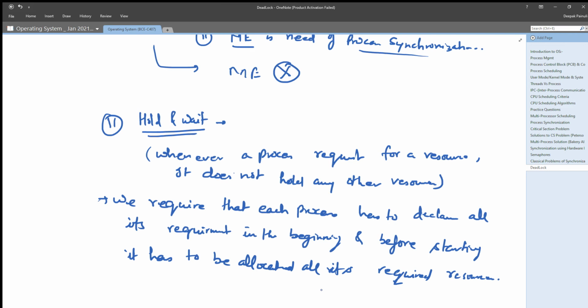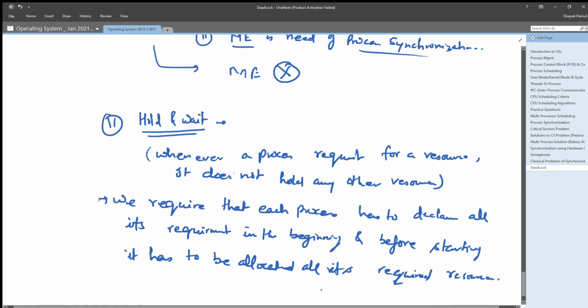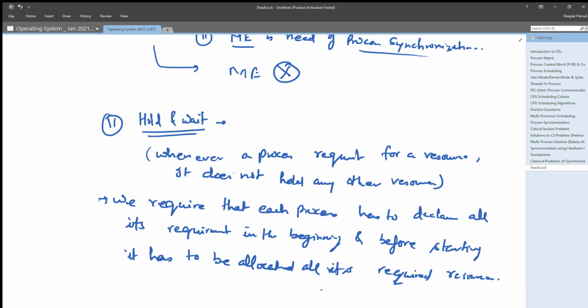For preventing hold and wait, we need that whenever a process requests a resource, it doesn't hold any other resource. So for ensuring that, we simply require that each process, when it is initiated or created, has to declare all its requirements in the beginning, before starting execution.